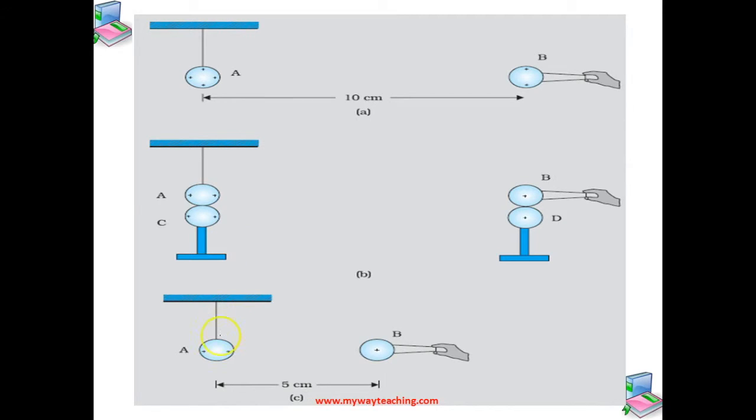Now we should find the solution for this problem. So let us find the solution. Let the original charge on sphere A, we consider it as Q. And the charge on sphere B, we'll consider it as Q dash.